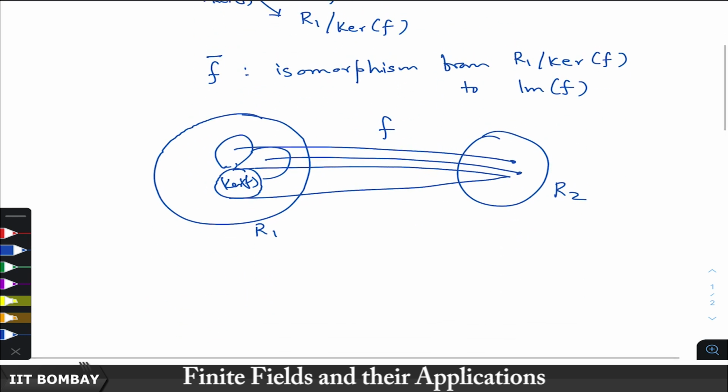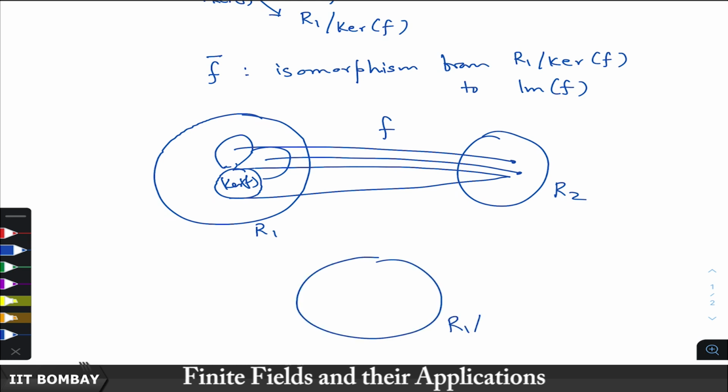First, we merge kernel F and its cosets and imagine them as individual elements in a ring. We construct the quotient ring R1 by kernel F, where all these cosets are the elements, and then every coset is mapped to a single element here.